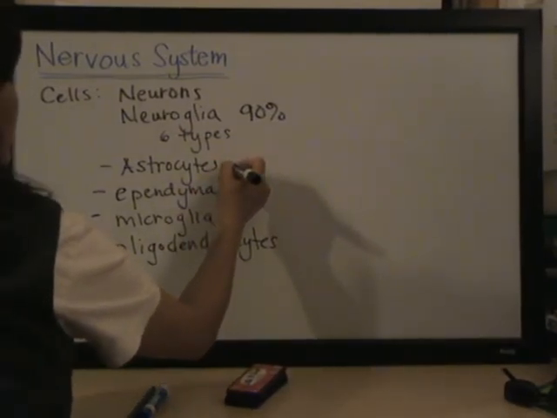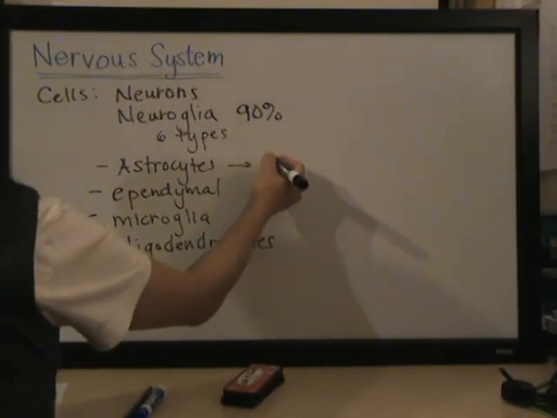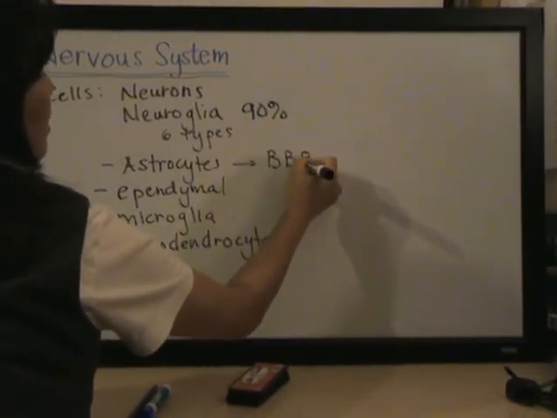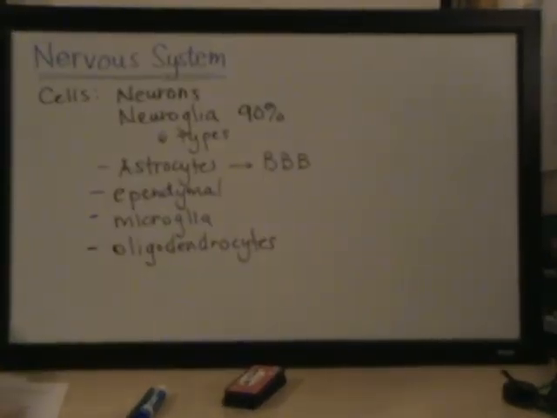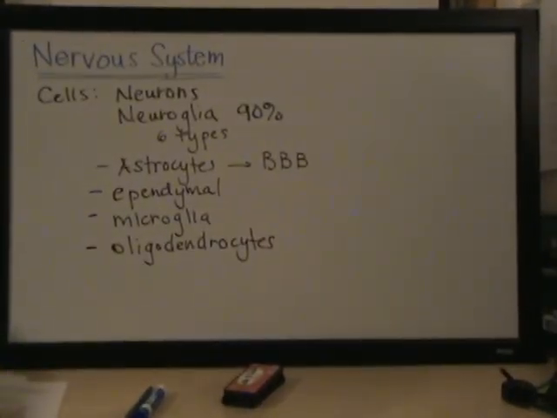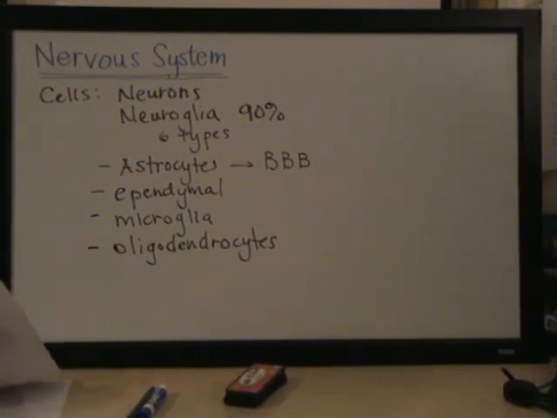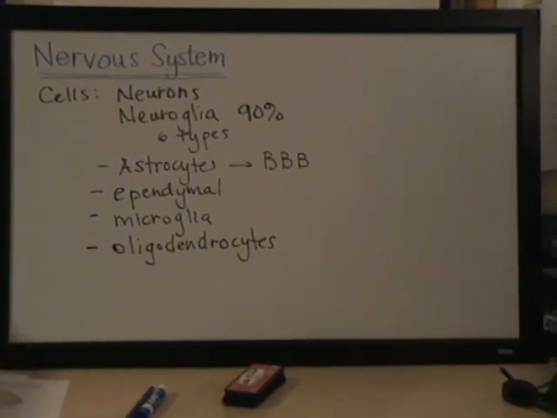The astrocytes are important in formation of what's called the blood-brain barrier. And you'll need to read about that. What is the blood-brain barrier? It's a protective barrier to help protect the brain from toxins and bad things that might enter it. And it's made up of specialized capillaries, and these capillaries are continuous capillaries.